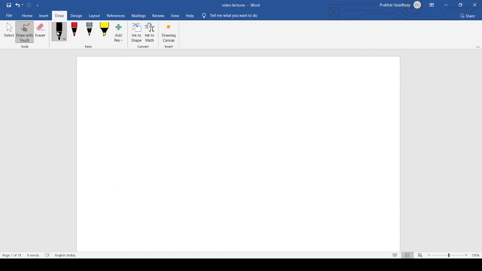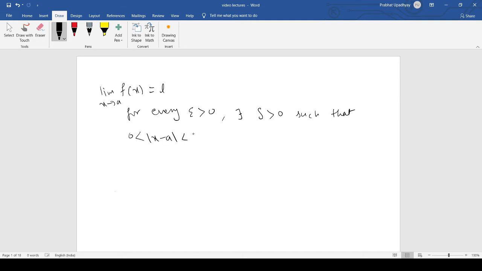If you have a function f and the limit of f of x as x tends to a is L, this is possible if for every epsilon greater than 0, there exists delta greater than 0 such that 0 less than mod x minus a less than delta implies mod of f of x minus L is less than epsilon. Remember, this delta depends on epsilon.